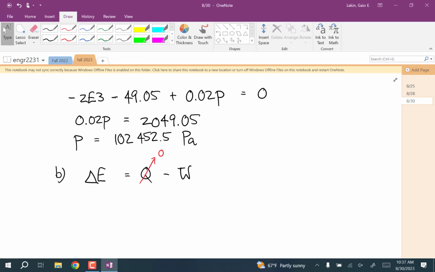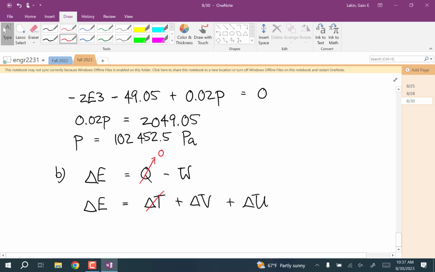And since this is a gas and we're not given anything about kinetic energy or potential energy, we can't calculate those. We're going to treat the change in energy as just the change in internal energy.